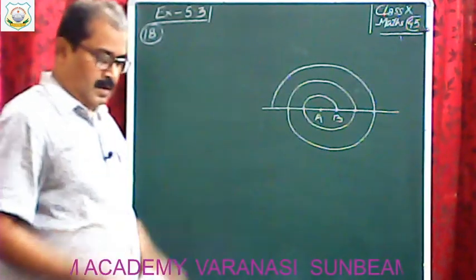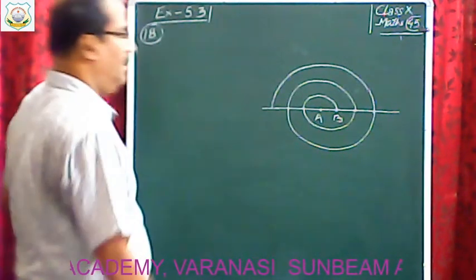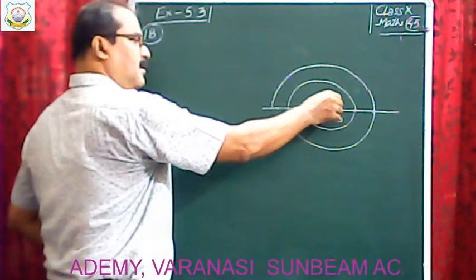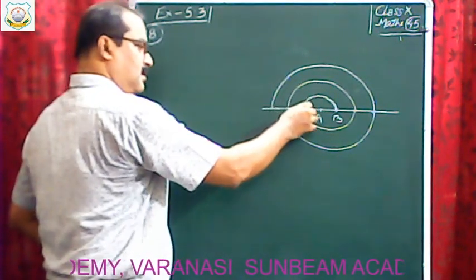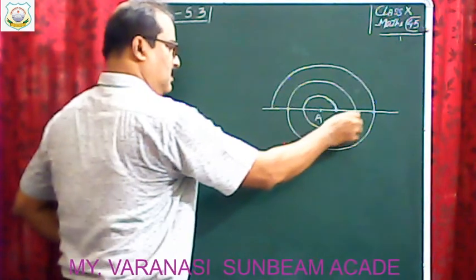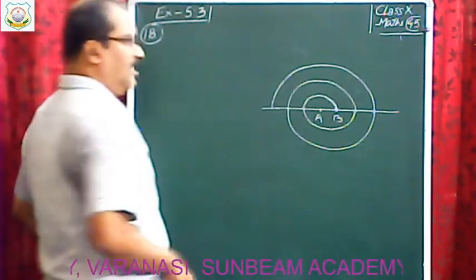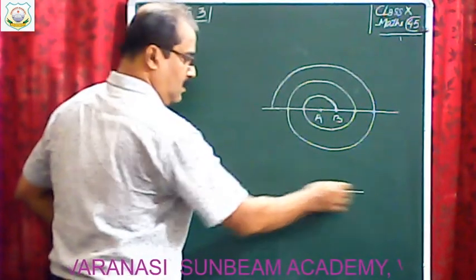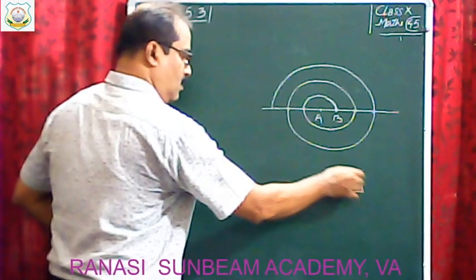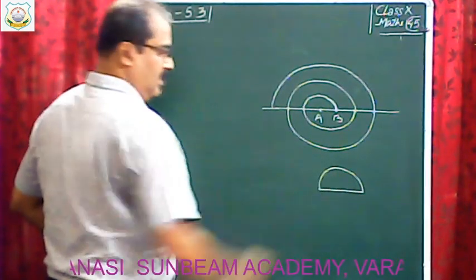You have to find the length of the spiral. In this way, 13 semicircles. Semicircle we know, a diameter divides a circle into 2 semicircles.